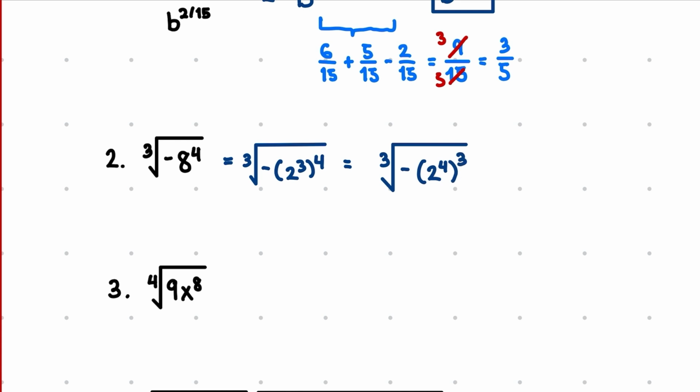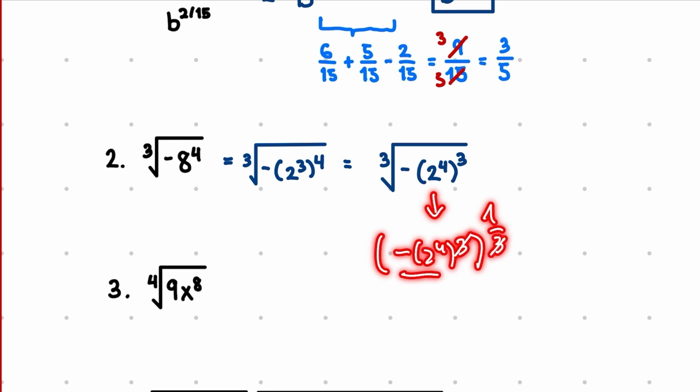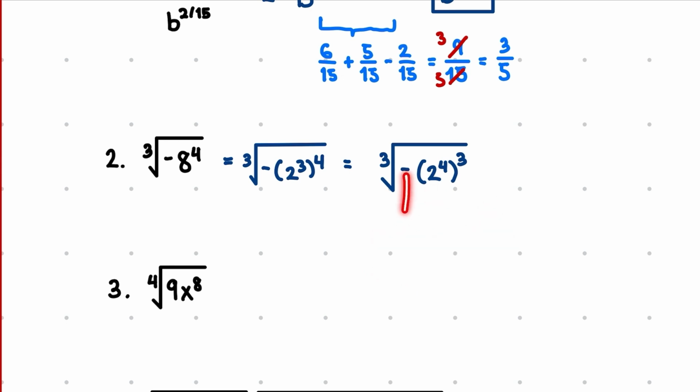And then just like how we deal with fractions, if you view this one as negative 2 raised to 4 cubed raised to 1/3, then obviously the 3's will cancel out and we'll be left with this. Take note that we can view the negative as negative 1 raised to cube, since negative 1 raised to cube is equal to negative 1, so it would just remain the same after the radical sign is removed.